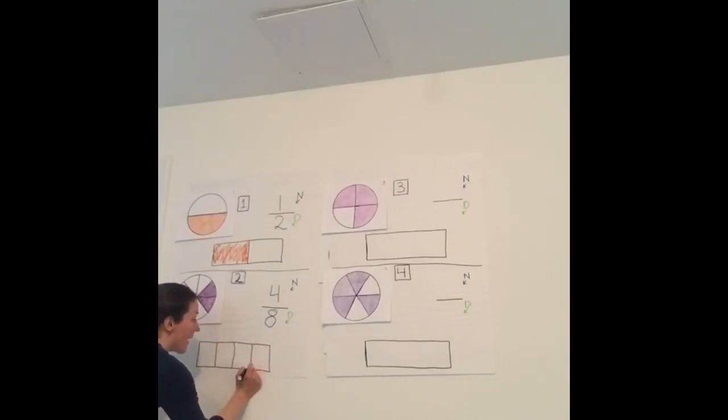Now I have 4 equal parts. Now I'm going to divide each 4th size piece into 2 because 4 times 2 is 8. 4 equal groups of 2 is 8.